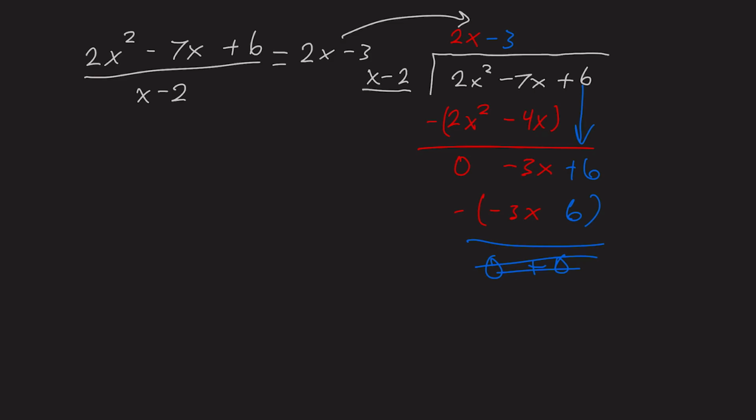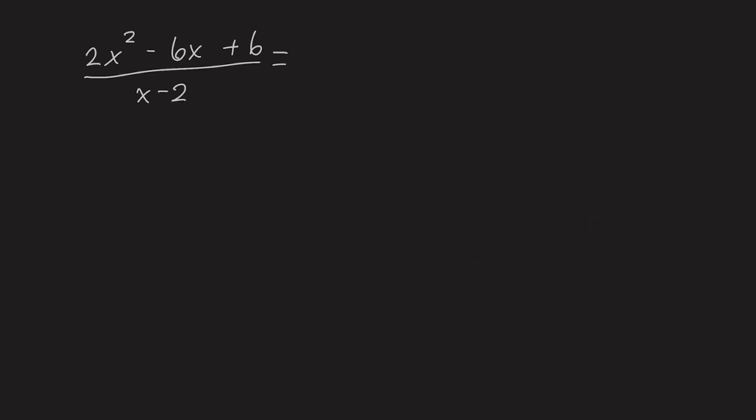Okay, now that begs the question, what do you do if there is a remainder? Let's say, for example, that instead of being given minus 7x, I was given minus 6x. And let's do that division. So I would again set up my division bar, put my 2x squared minus 6x plus 6 inside, and I'd put my x minus 2 outside.